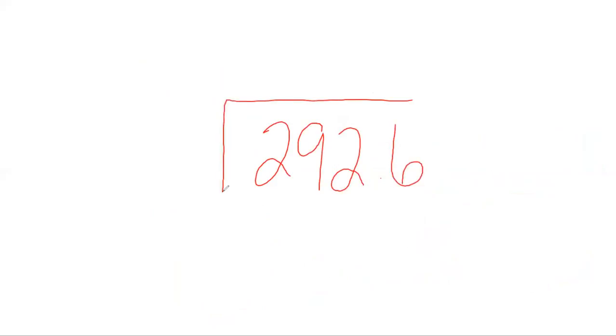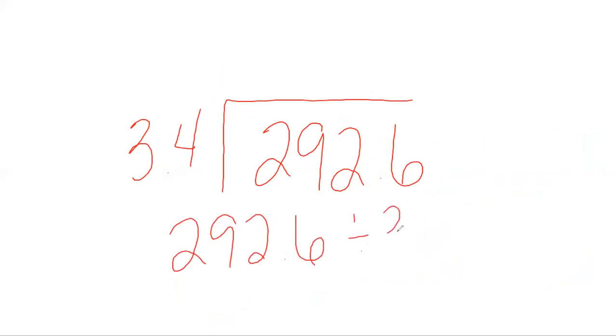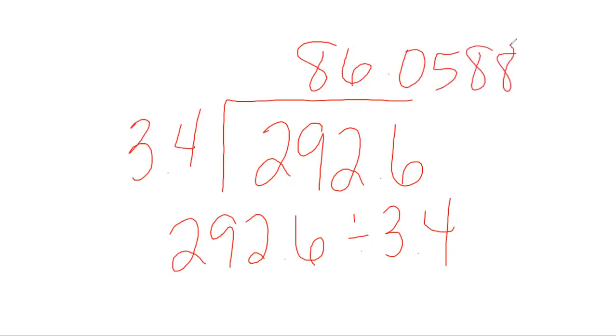So now if we take 292.6 divided by 3.4, we get an answer of 86.0588.